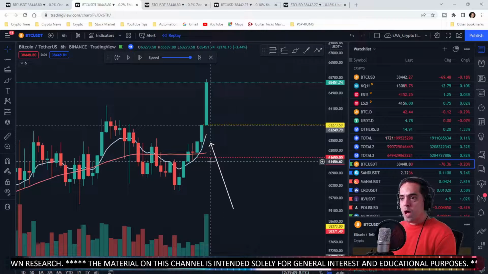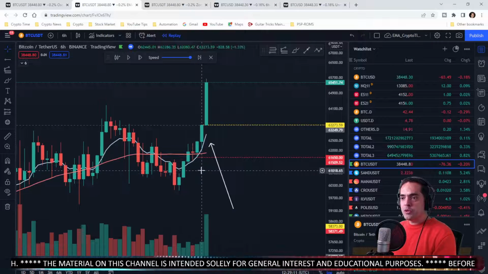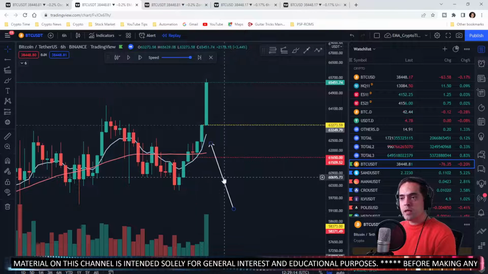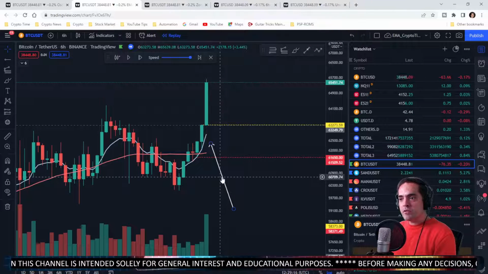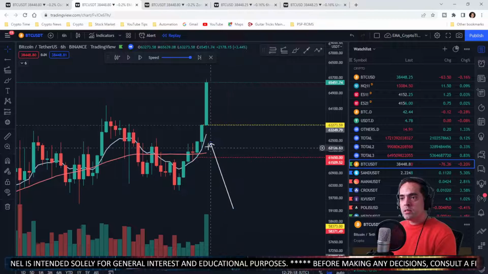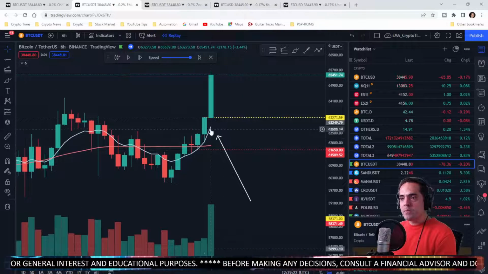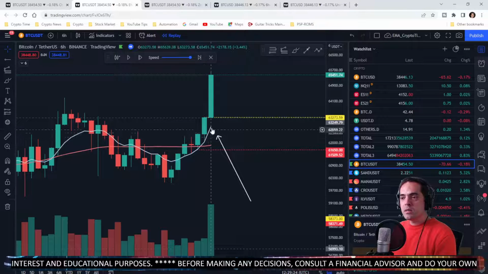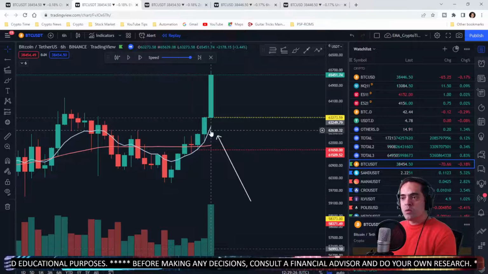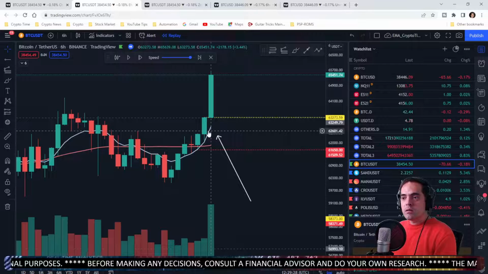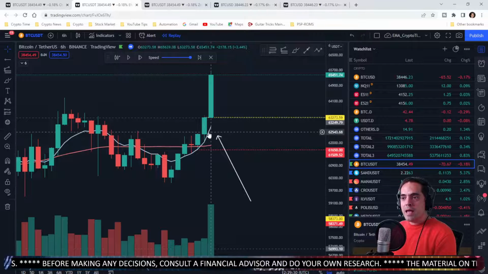Okay, so I'm using two EMAs, exponential moving average. So one is this white line, let me zoom in, which is our fast moving average. So it's our 8. So EMA 8.